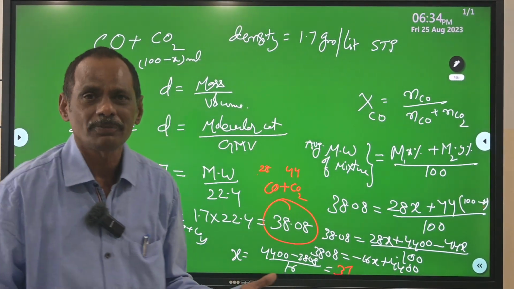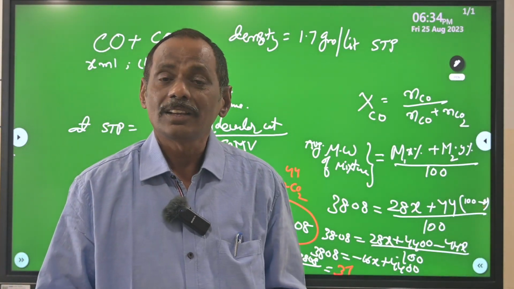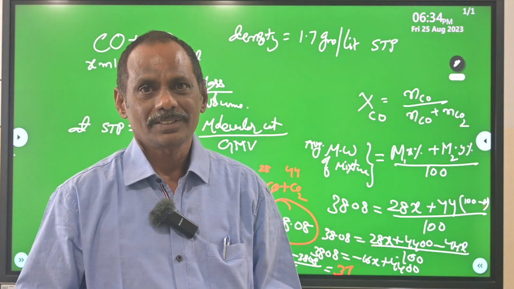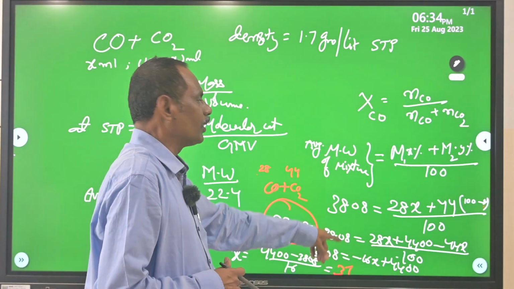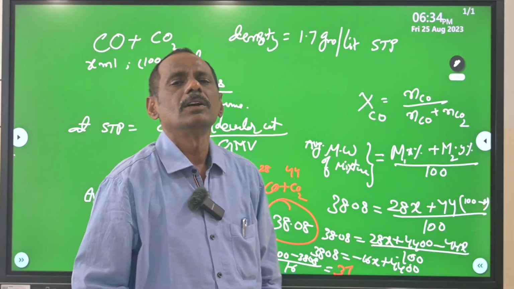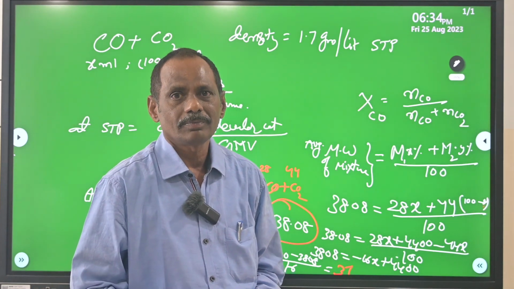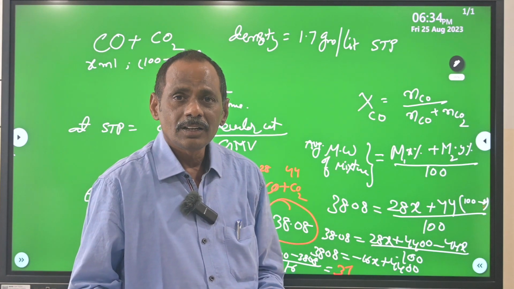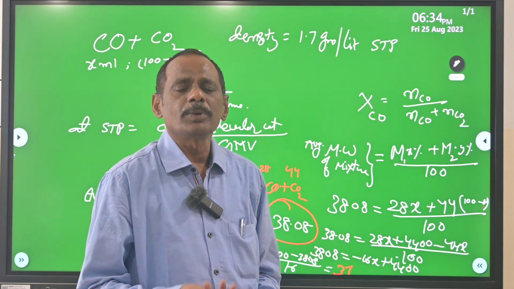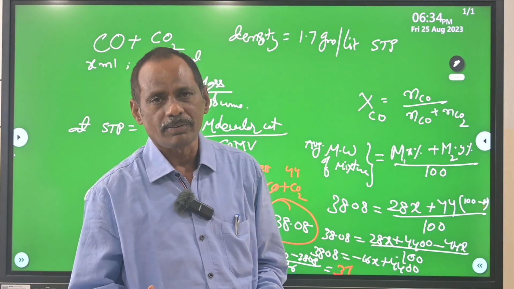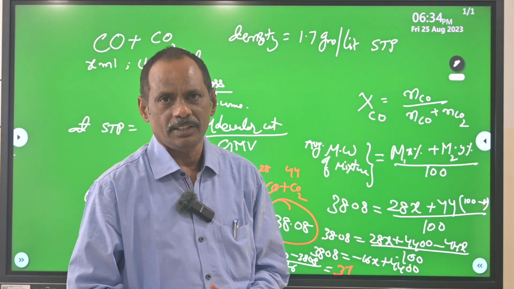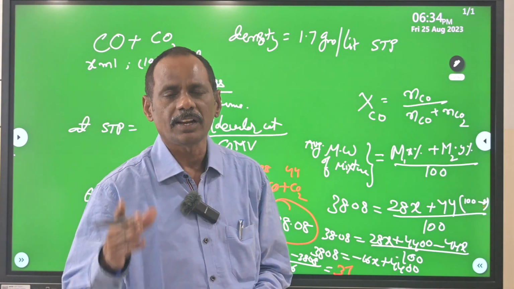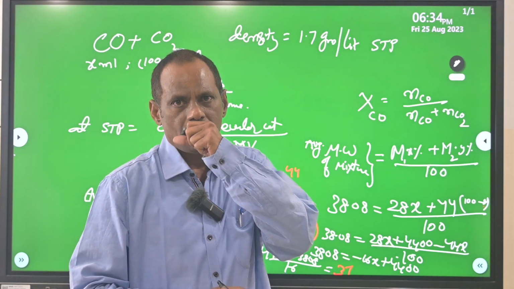What a beautiful question, friends. There are two deep concepts. Based on the same formula, we can calculate the average atomic weight of isotopes. Oxygen atomic weight is 16 and also 17 and also 18. Oxygen-16, oxygen-17 and oxygen-18 isotopes are there.